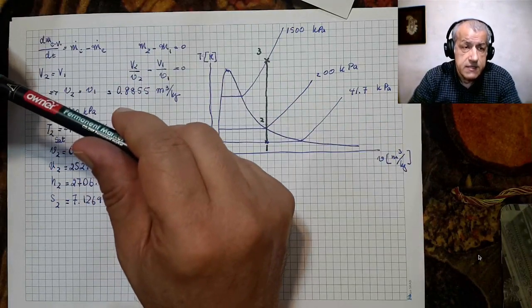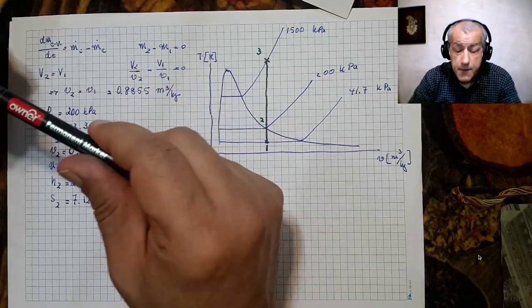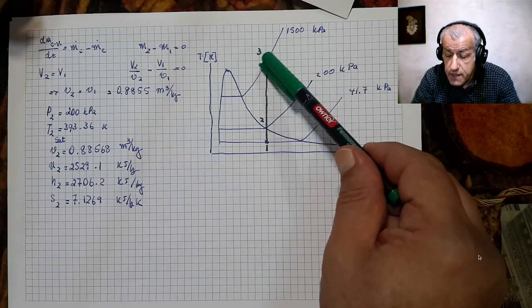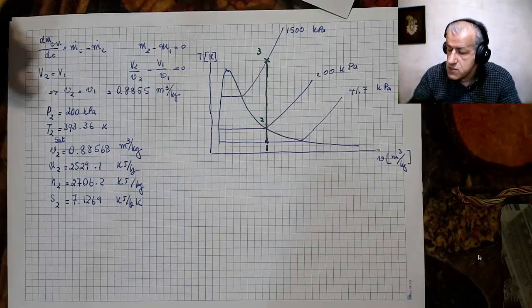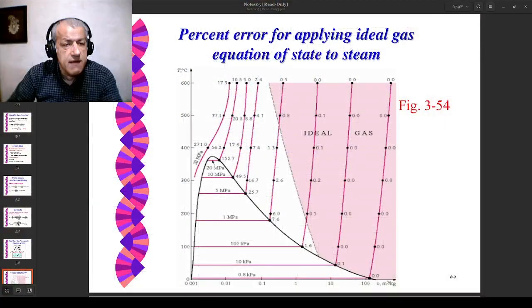And perfect gas is a good approximation for it here. In fact, just to learn how perfect gas would be a good approximation, let's have a look at this figure, which is from the book Sonntag.